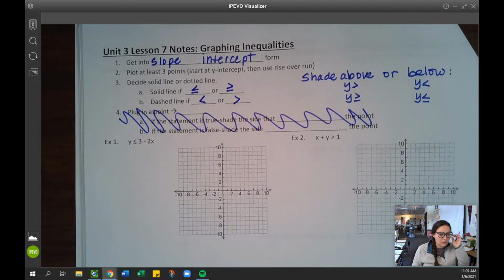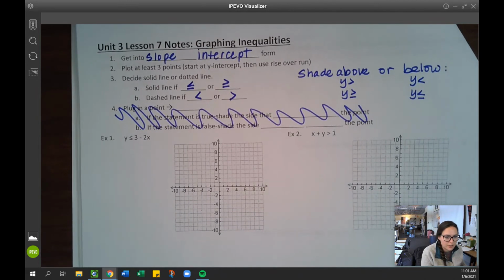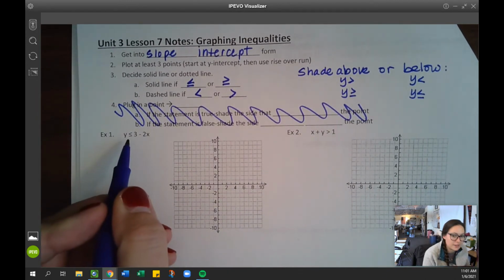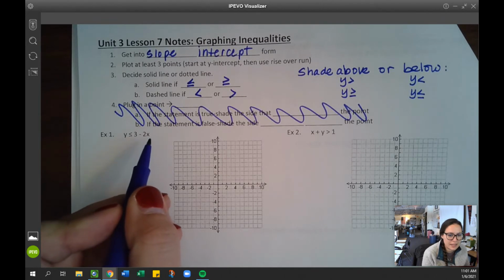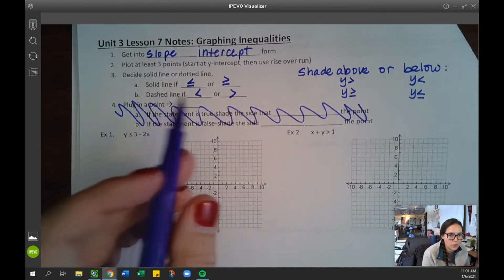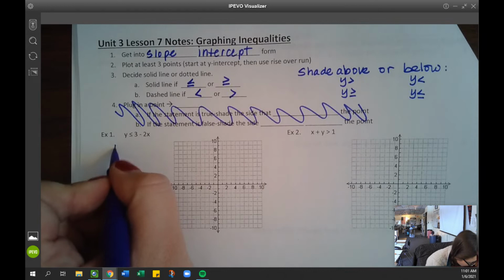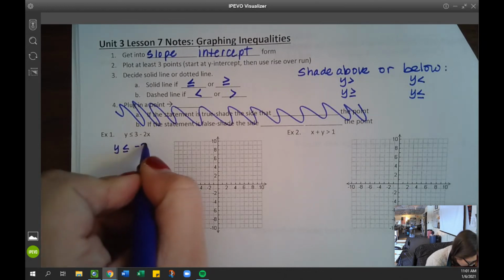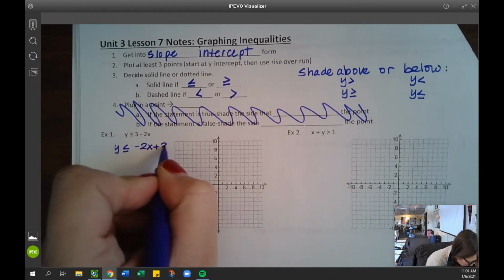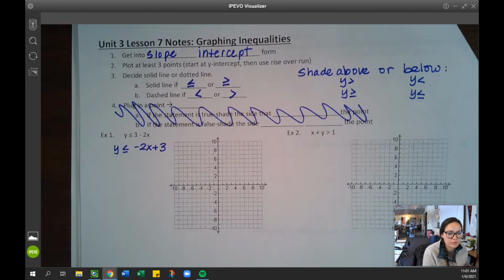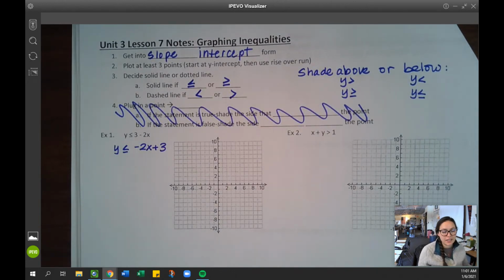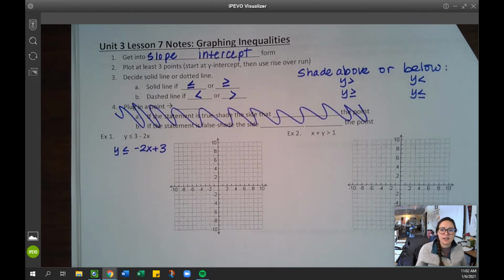All right, so let's start with example 1. Example 1 says y is less than or equal to 3 minus 2x. So this is already in slope-intercept form, and we would normally write it as negative 2x plus 3. And before I graph inequalities, I like to make the decision ahead of time whether I'm going to have a solid or dashed line and whether I need to shade above or below.